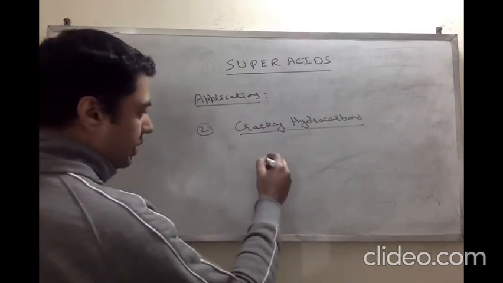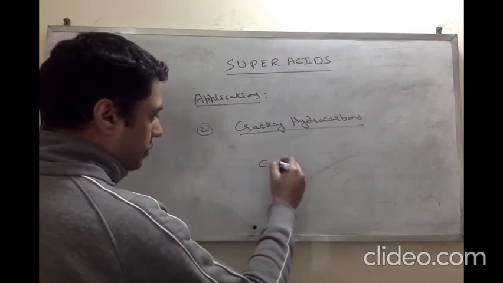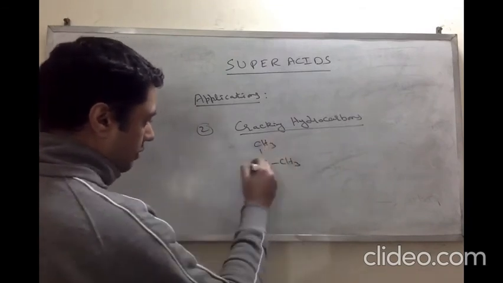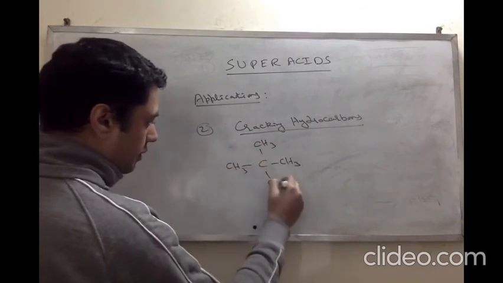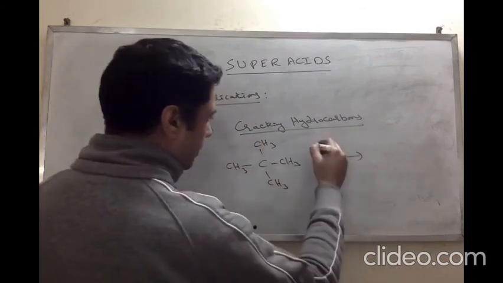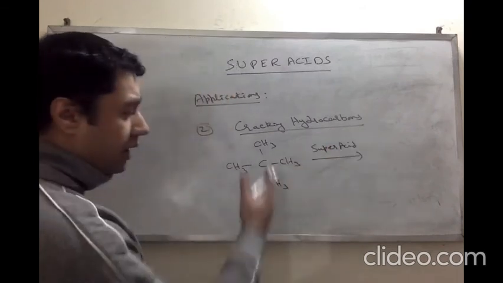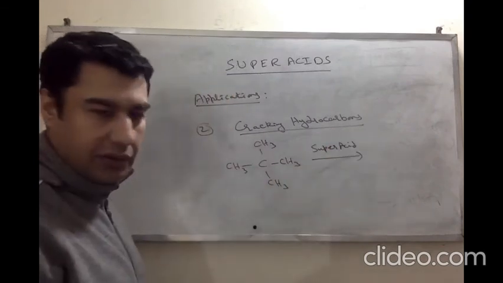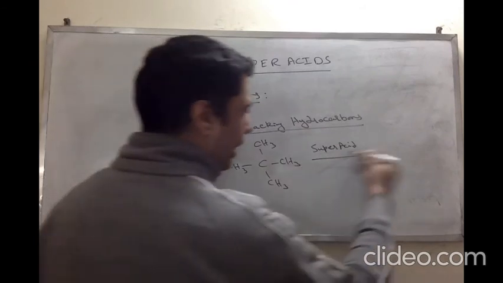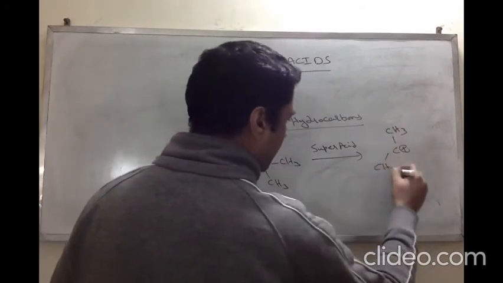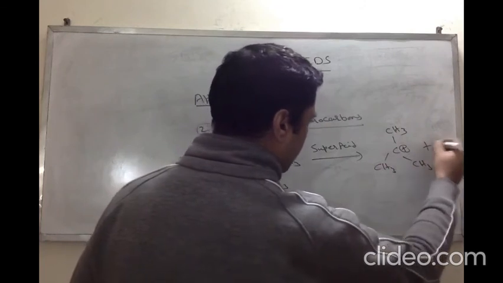So let's take an example here also. If you start with neopentane and add it to a superacid, this results in fragmentation of this particular hydrocarbon, which is essentially cracking, and we end up getting a tertiary carbocation plus methane.